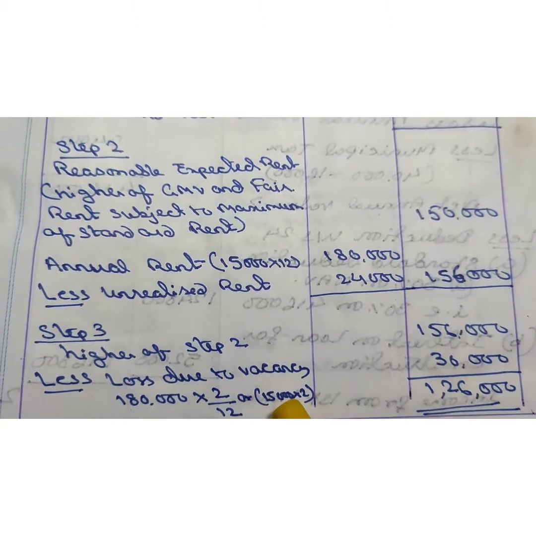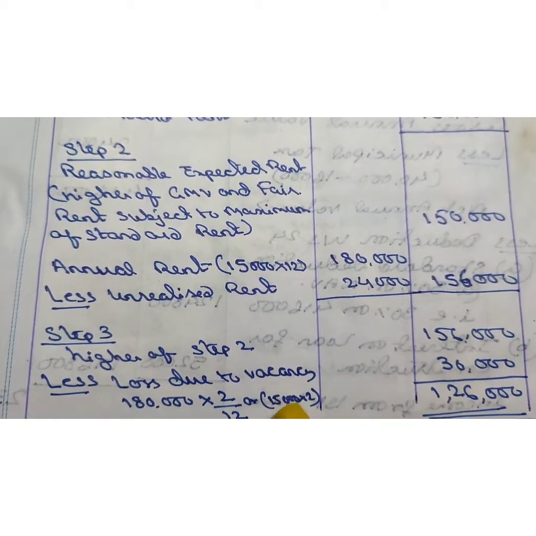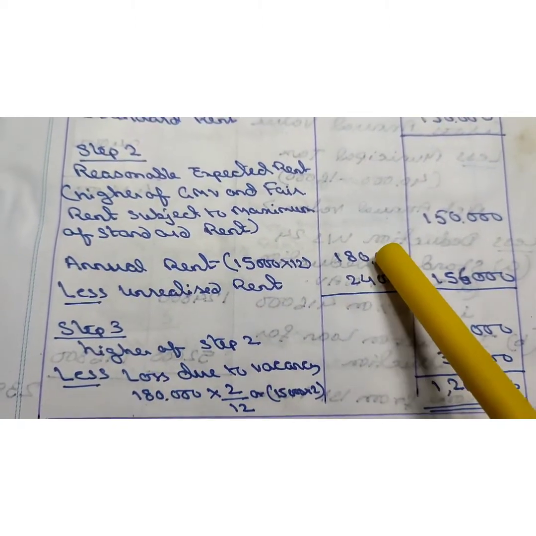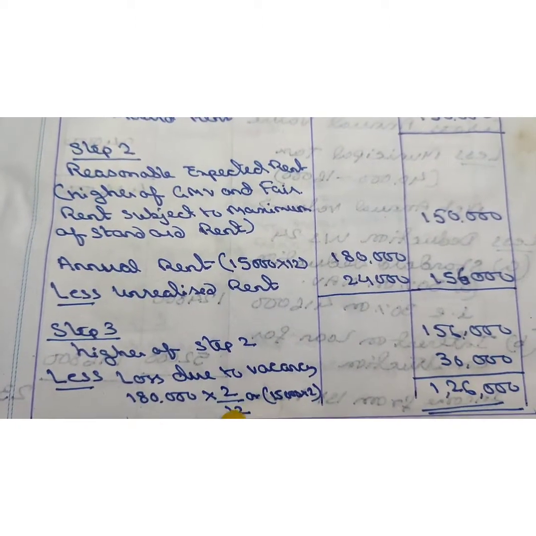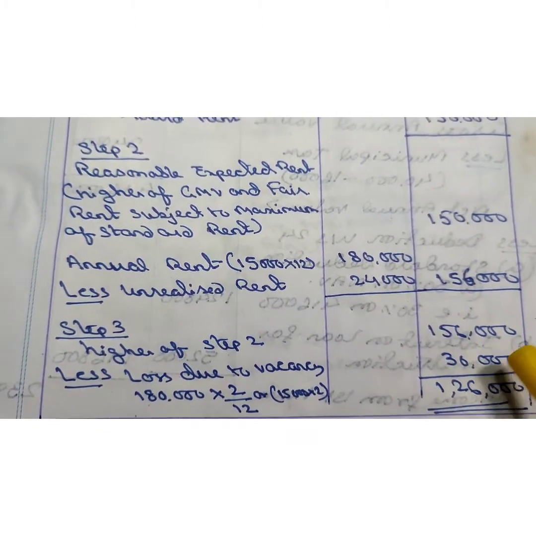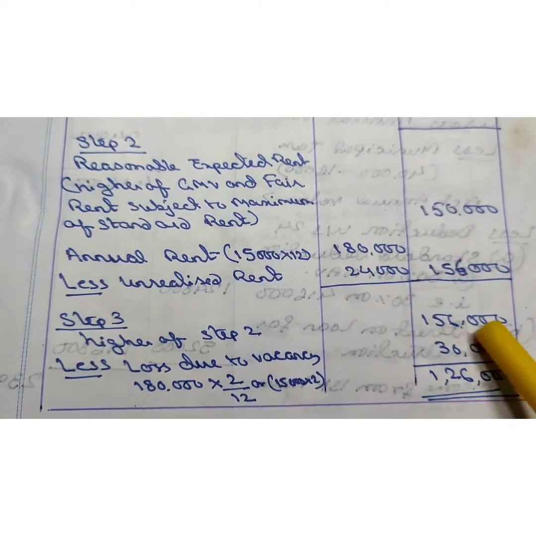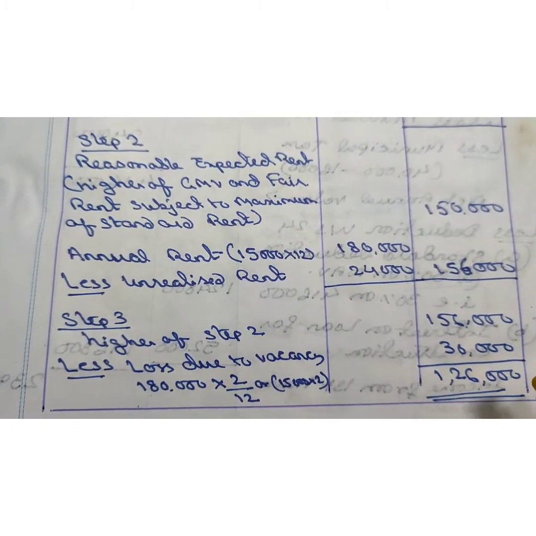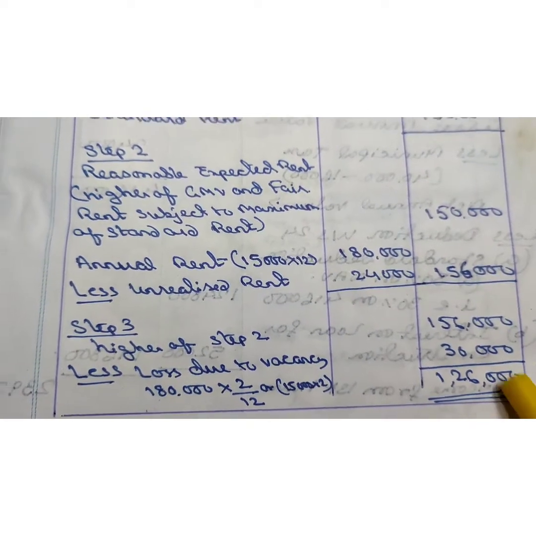Now 15,000 per month rent is given in the question, so you can multiply 15,000 into 2, that is 30,000. Another method: 1,80,000 is total annual rent; we divide it by 12 to get 1 month's rent and multiply it by 2, that is 30,000. So after deducting this 30,000 loss due to vacancy from the higher of step 2, 1,56,000, we get 1,26,000. This is the gross annual value of the property.